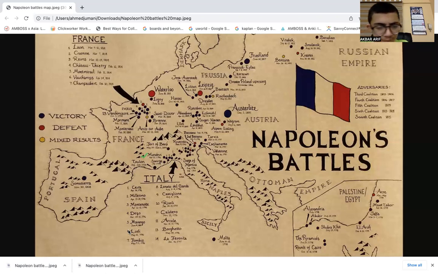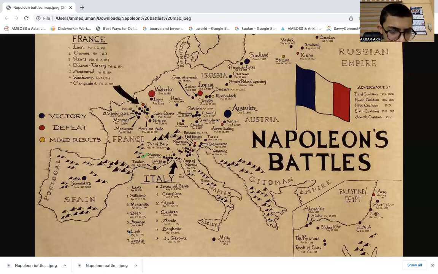The Austrians flee. Now what will happen? Well, then another decisive battle happens on January 14th or 15th, 1797, a very, very decisive battle known as the Battle of Rivoli, and again another Napoleon victory, another French victory.